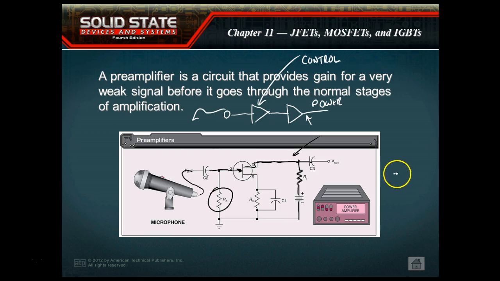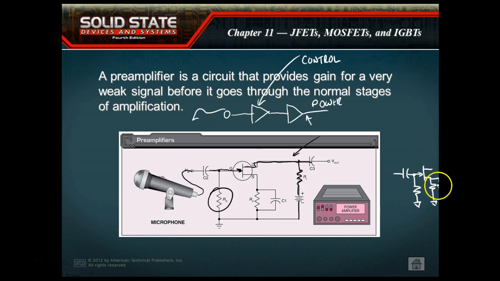So in this circuit, we would have a C1, then our gate. Then we would have our gate resistor that has to be there, so we can set up a difference in potential between the gate and the source. And then our source resistor would be here, and then our bypass capacitor would be here, and it won't let me draw past the end.